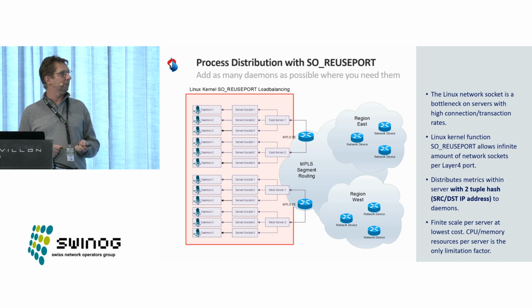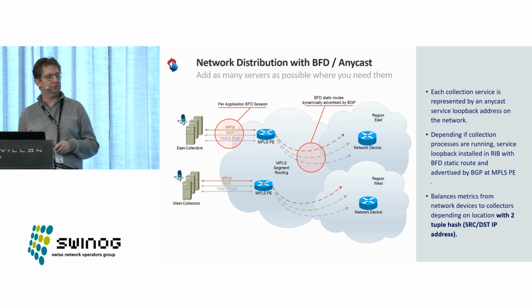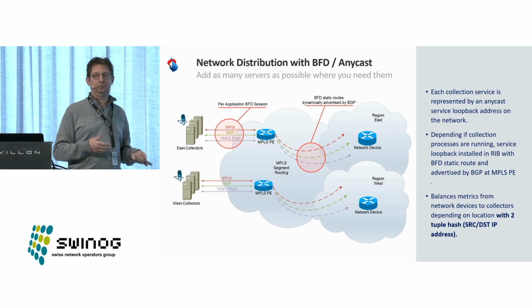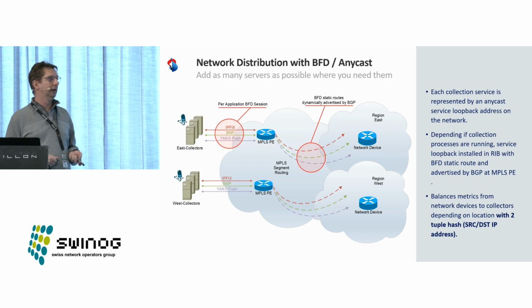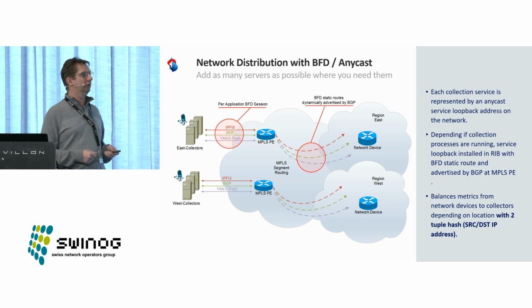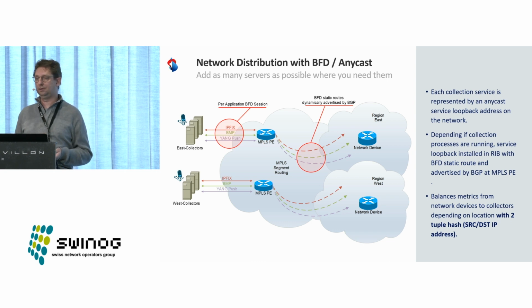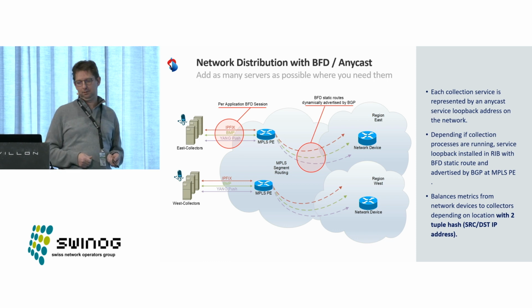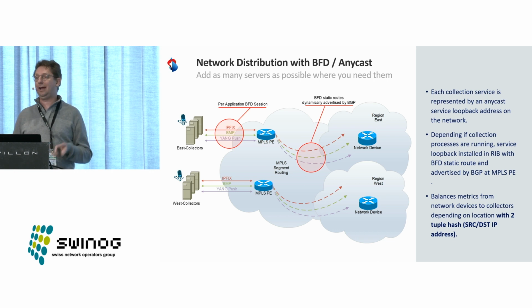And since we have different collection protocols, so IPFIX for the forwarding plane, BMP for the BGP control plane, and YANG Push for the device topology, in order to correlate the data as early as possible and aggregate and compress the data as early as possible, we need to make sure that one router ends up on the same daemon.